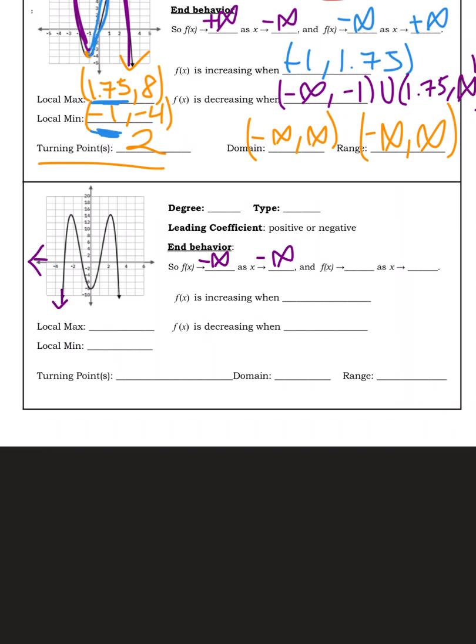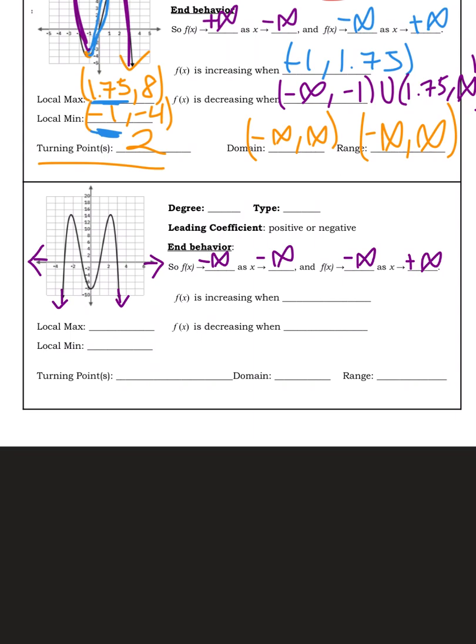Everything's going far bottom and left. And when we go to the right side, our x values are going to be getting bigger. So that's going to be a positive infinity. Now let's talk about what our y values are doing. Our y values are still going down, so that's going to be a negative infinity also.